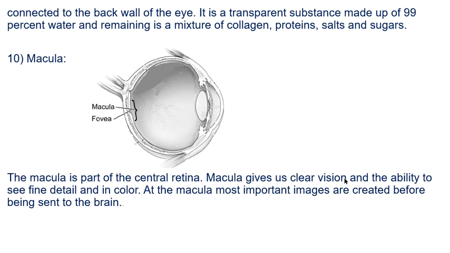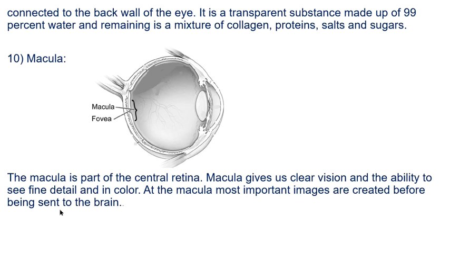Macula gives us clear vision. Very clear vision is provided by this pit, and the ability to see fine detail and in color. Whatever we can see that is very minute and colored with differentiation is because of this macula. At the macula, the most important images are created before being sent to the brain.